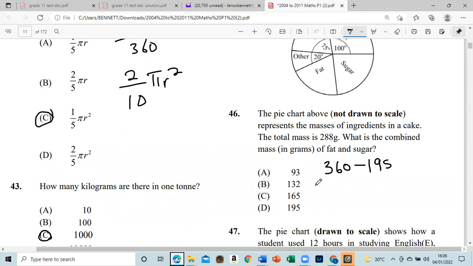So these are going to represent in terms of degrees how much the fat and sugar combined. We're killing ourselves. 195, so that's our 165. So this is 165.